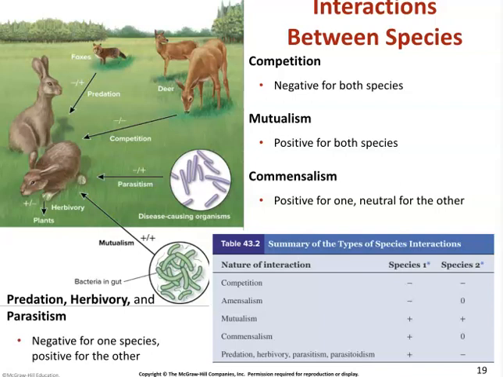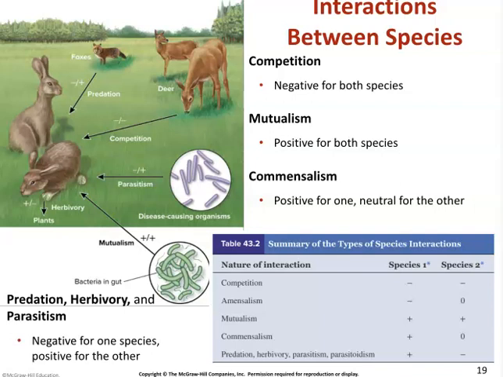This is positive for both species, and we see this a lot when certain species benefit from other species being around. The next is commensalism. So this is positive for only one species and negative for another. We also see predation, parasitism, and herbivory.